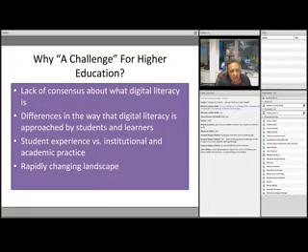And I think there is also this idea around student experience versus the institutional and academic practice of what is actually expected for you to know and how you're actually expected to use your technology. And around all of this is the fact that it's all changing so very quickly. What was new last year, suddenly you have to start using something else.